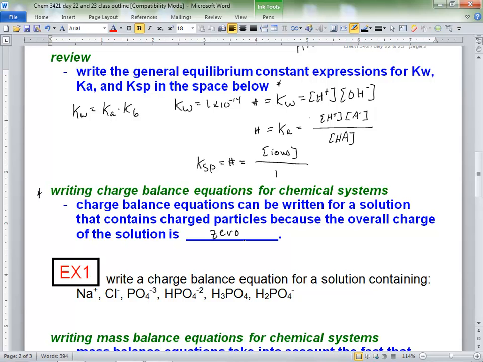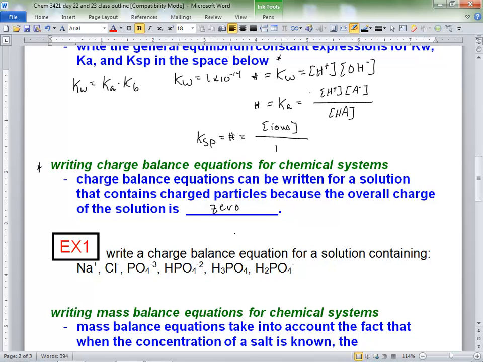But realize some stuff is much more charged than others, like phosphate. 3 times more charged than chloride. So you need to take the concentration of phosphate into account by a factor of 3. Okay, so pretty much all we're going to end up doing is taking the charge and putting it out front times the concentration. And putting all the cations on one side and all the anions on the other.